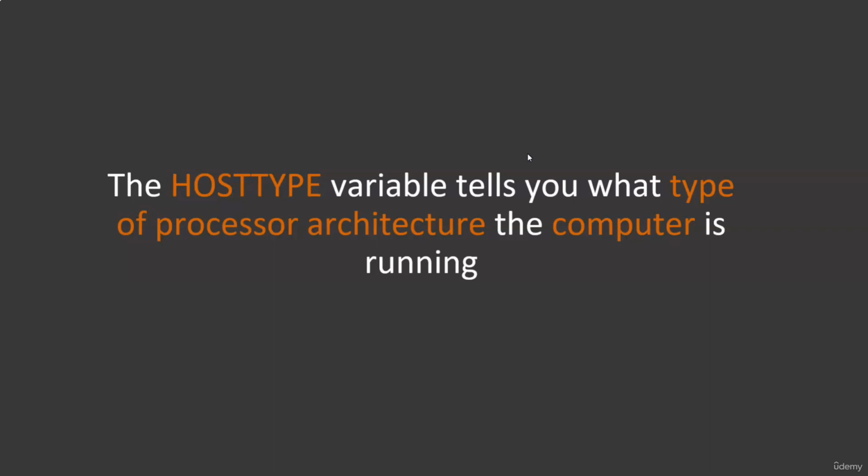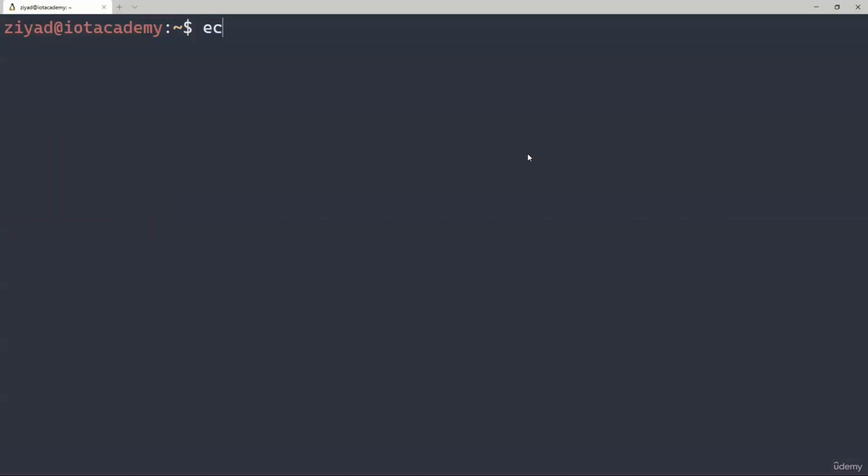Now on Linux, the packages that you download and install tend to be built and optimized for specific processor architectures, so the information held by the HOSTTYPE variable might be very useful information to have if you wanted to write an automated installation script that will download different packages depending on the architecture of the computer the script is running on. If I run here echo $HOSTTYPE, we can see that I'm running a computer with an x86-64 architecture, which is the name for the Intel 64-bit family of processors.